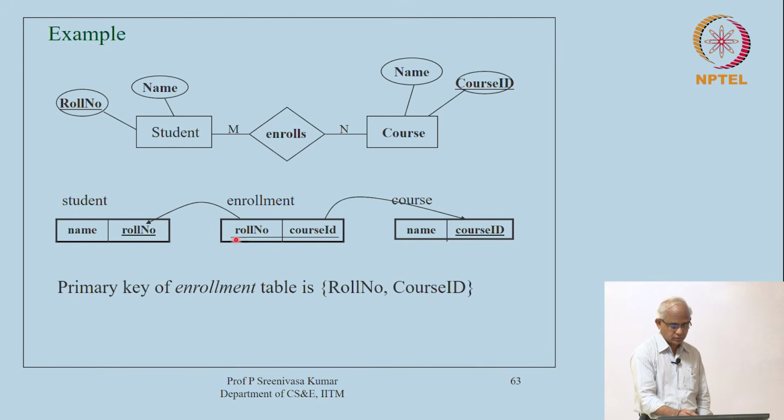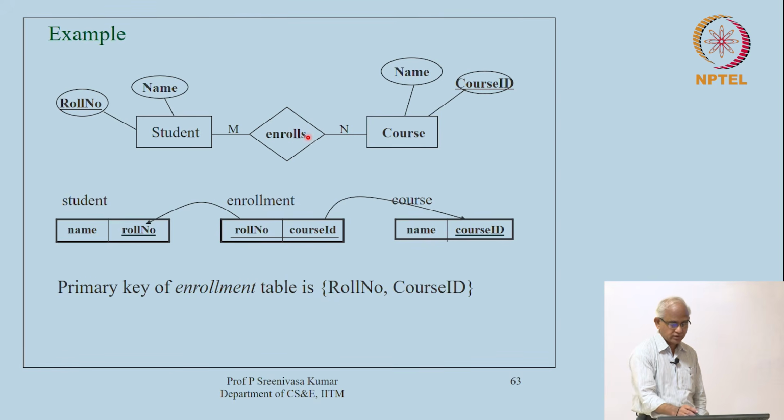In order to get more information about the student, we need to refer to the student table, so we make this a foreign key. In order to get more details about the course, we have to refer to the course table, and so we make this a foreign key. So, this is how we capture many to many relationships.